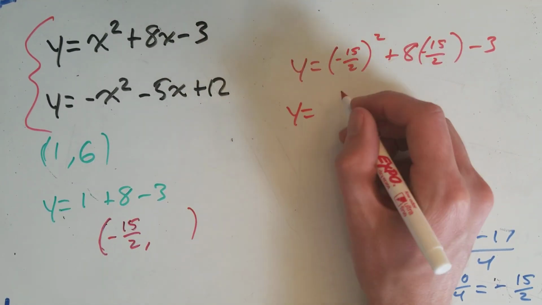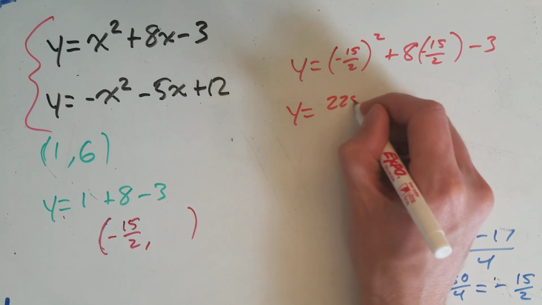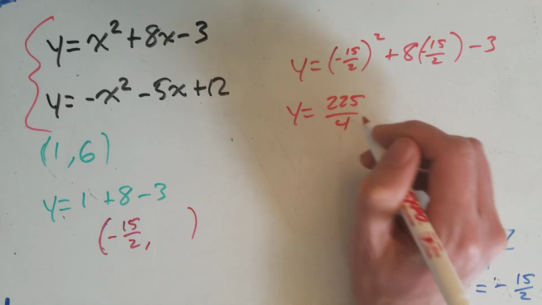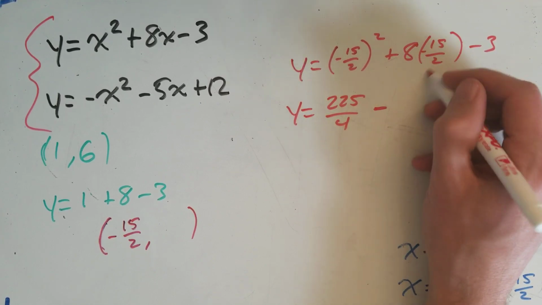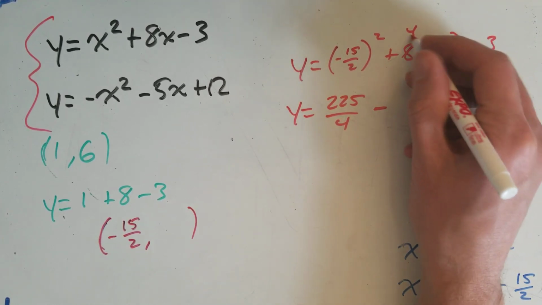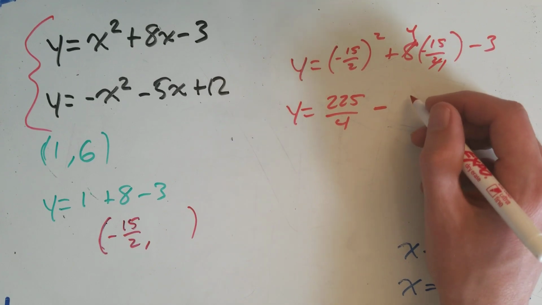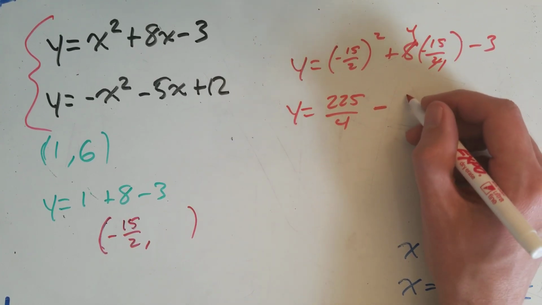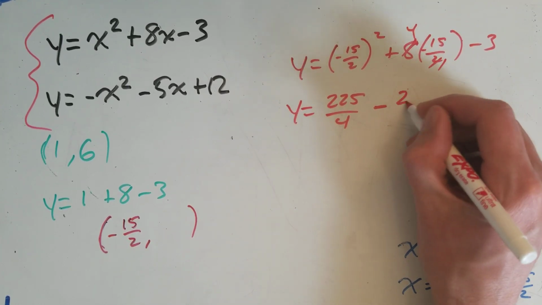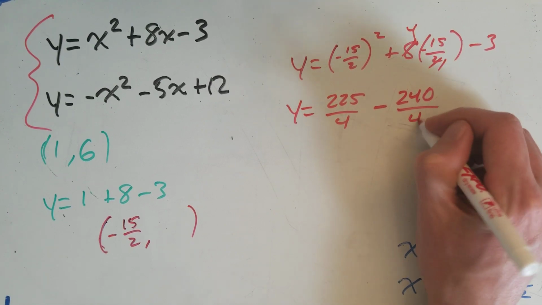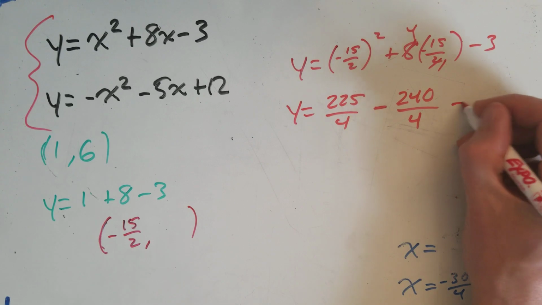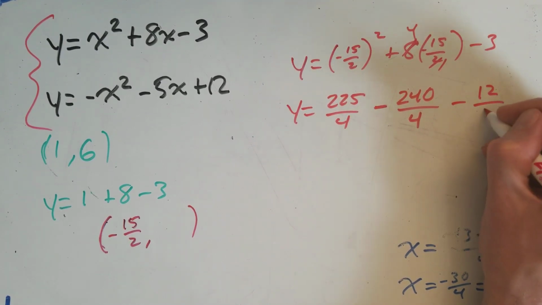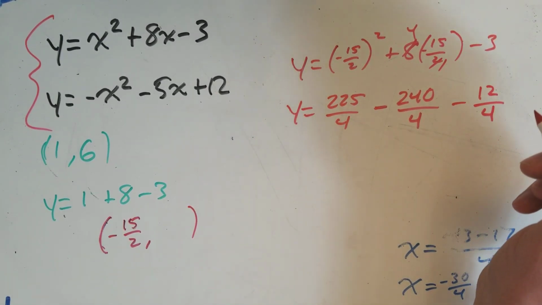Negative 15 halves squared should be positive 225 fourths. We're going to end up with a minus because we have the negative. The 2 and the 8 kind of cancel out here, so 4 times 15 is 60, but I'm going to write that as 240 over 4, to get it in the same denominator. And then minus 12 fourths here.